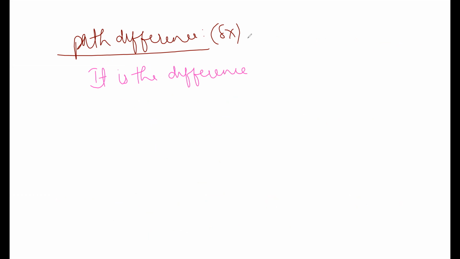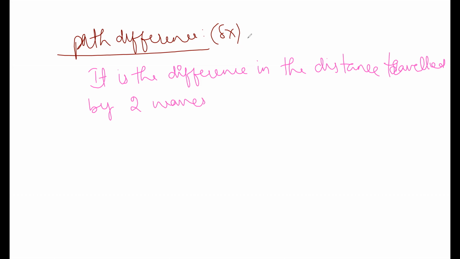Path difference is represented by delta x, and how are we going to define this one? Path difference means it is the difference in the distance traveled by two waves in reaching a given point.